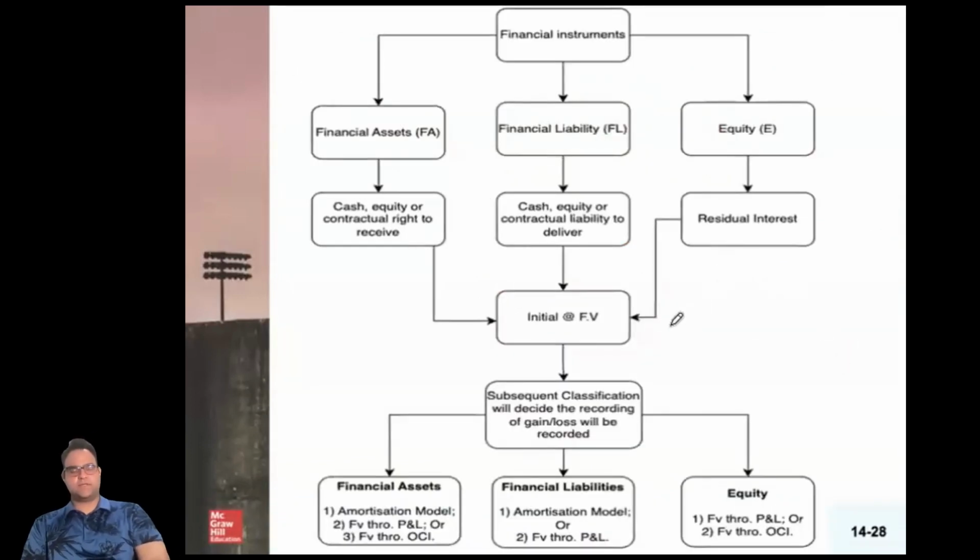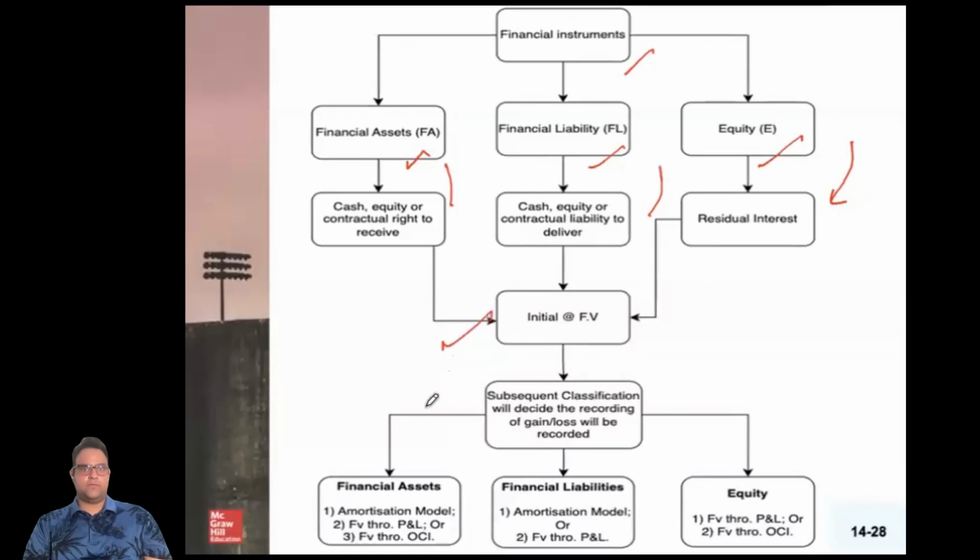In the last, there is a picture summarizing what we have done so far. Financial instruments are of 3 types: financial asset, liability, and equity. The definition of each of the 3 is given in this diagram. All of them are initially recognized at fair value. Subsequently, we use different models for recognizing them.